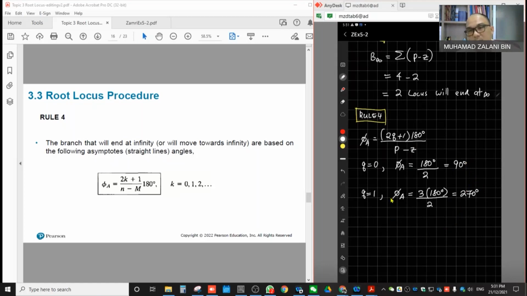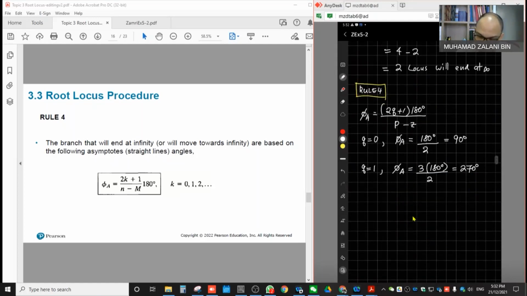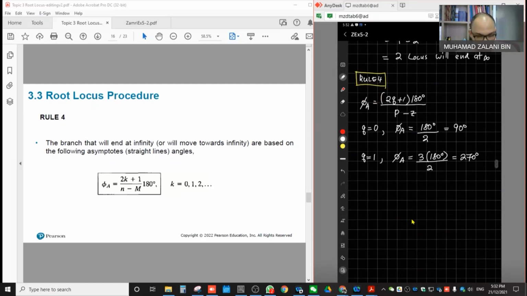Since this involves two locus, we only need two asymptote angles.